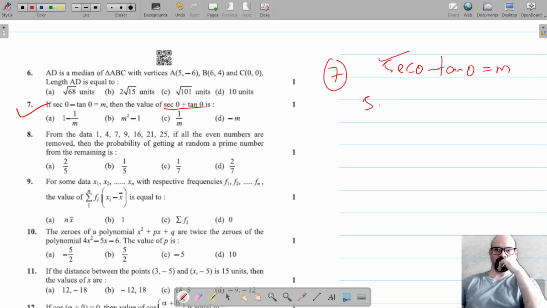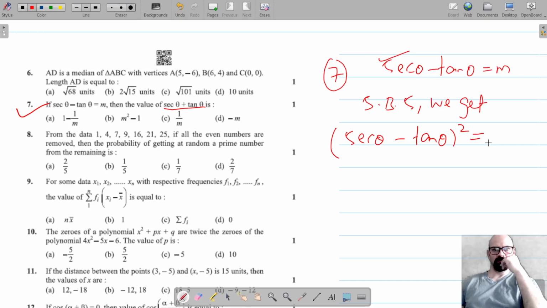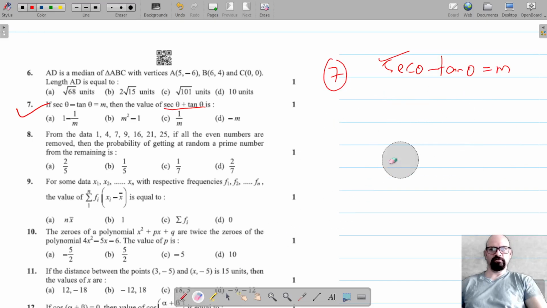Let me just use the identity. We know that 1 plus tan squared theta is equal to secant squared theta.